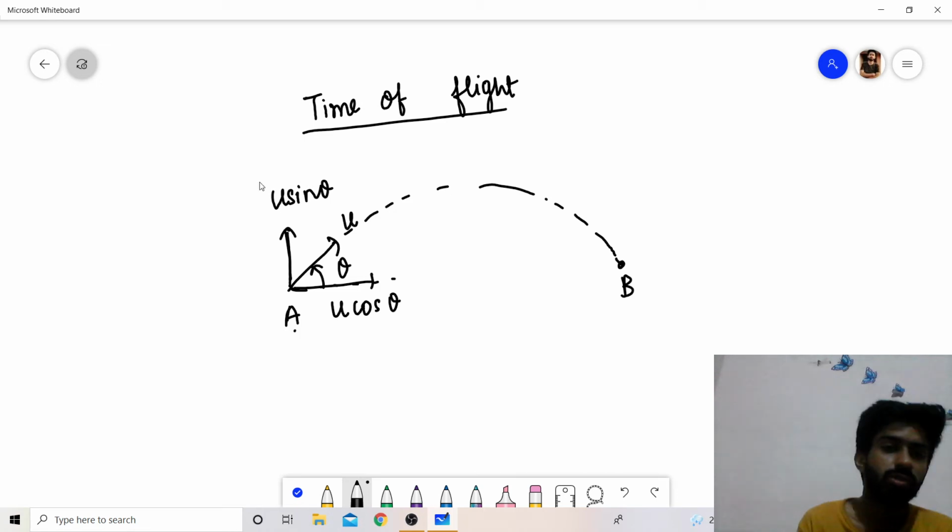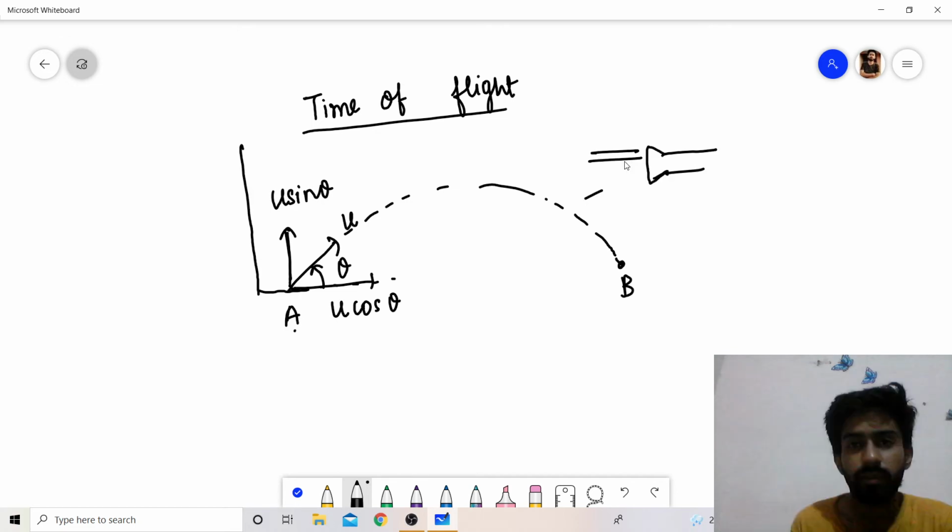For finding this time, let us consider a torch here, and this torch emits light and makes the shadow of that body on this wall.